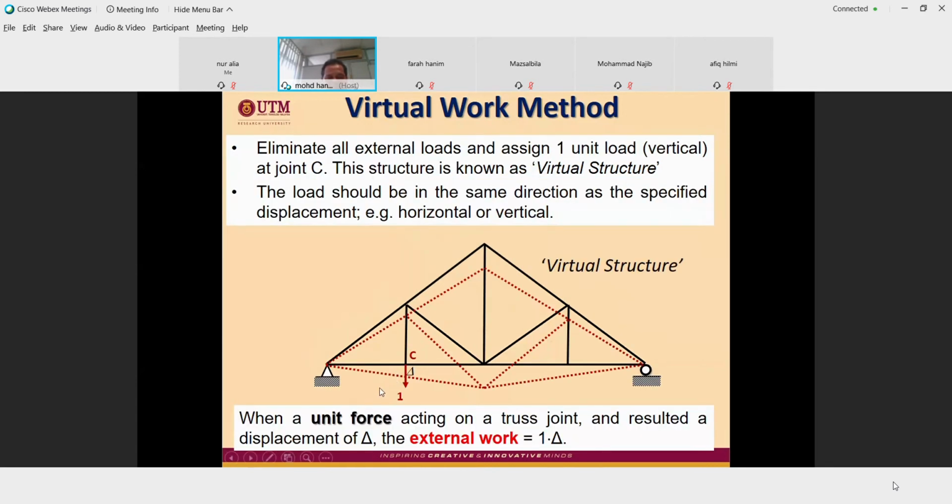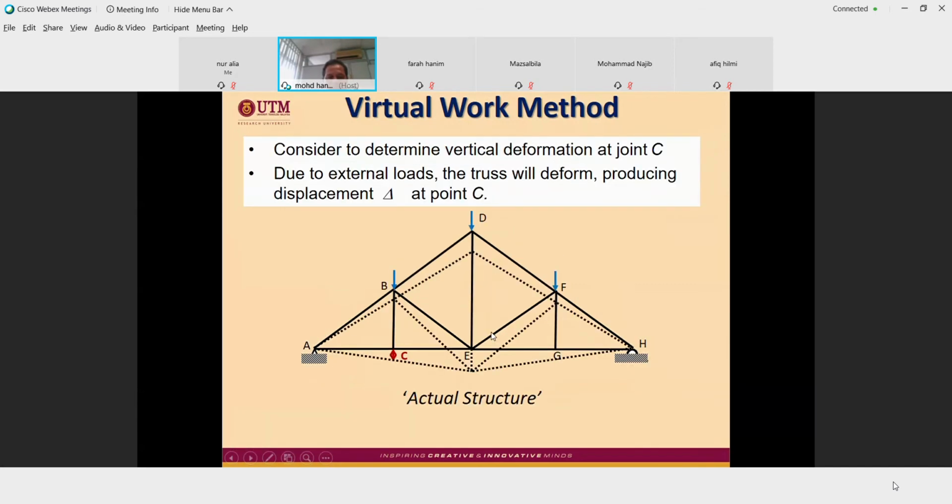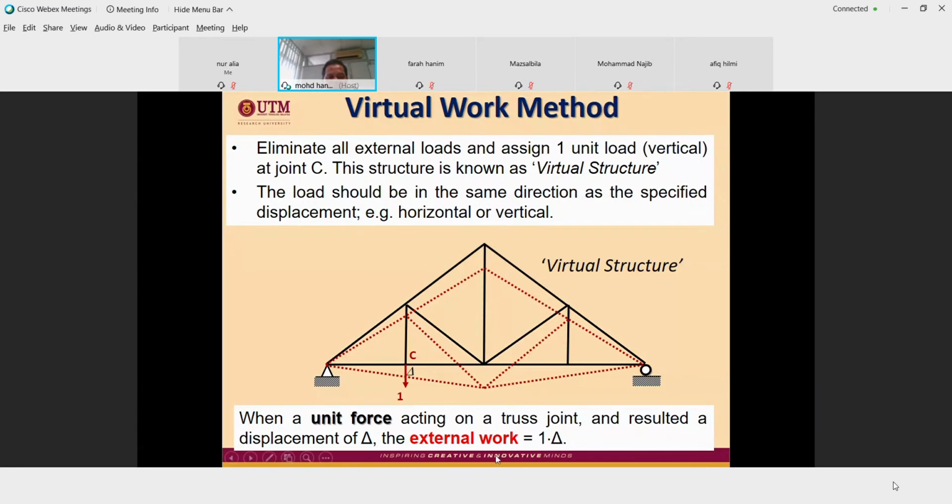It is the same delta, but now all the external load we replace with one unit load here, so that when we multiply 1 by delta, we get external work. We call it external work. So this external work will be shared by the internal load in each member.